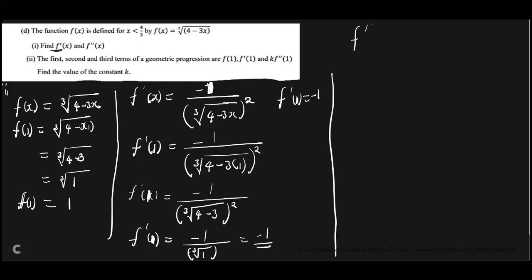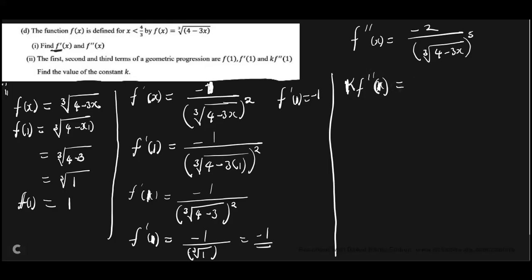Then the second derivative, we had 2 over, now on the second derivative, they have put k like that, right? Then 1 inside. This is what they have put.